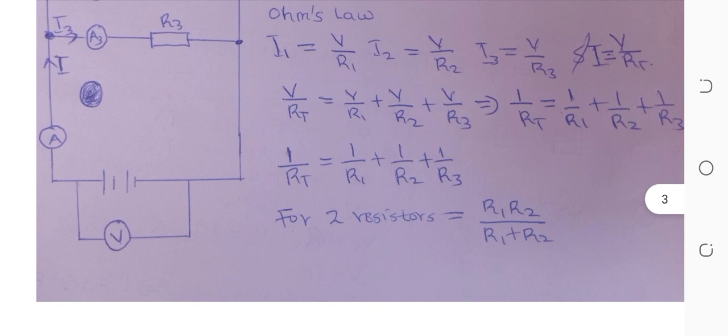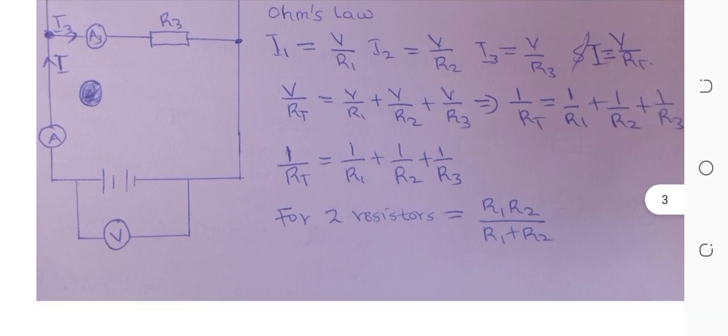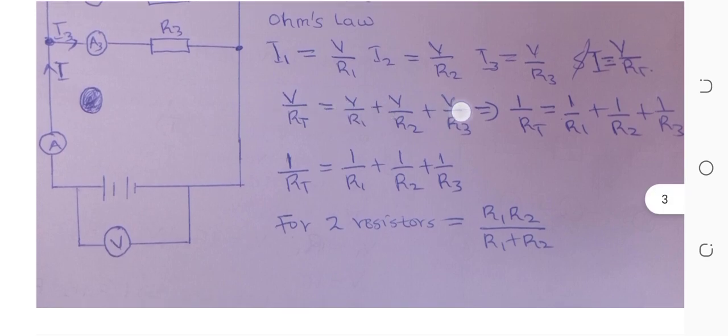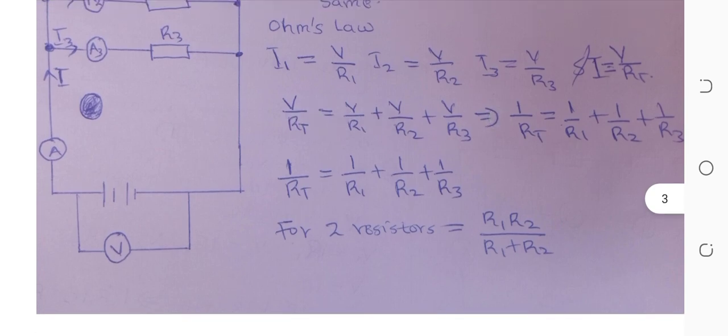So having gotten this, to get 1 all over RT, if you can see, we have V on top, both numerators are V. So to remove the numerators, we divide all through by V. So dividing by V, we get 1 all over RT is equal to 1 all over R1 plus 1 over R2 plus 1 all over R3.